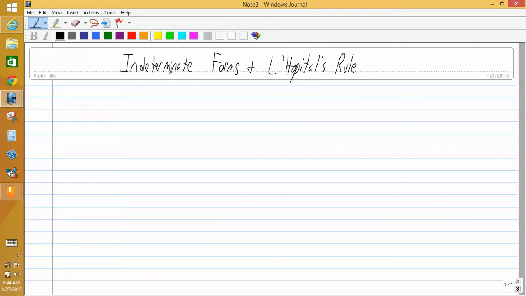Let's say we had this limit here. The limit as x approaches 0 of the sine of x over x. In Calculus 1, you're taught that if you have sine of x over x, you have to use this special formula.